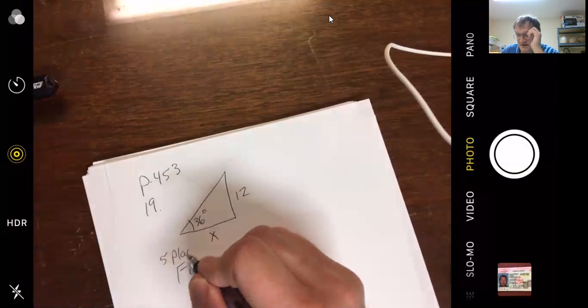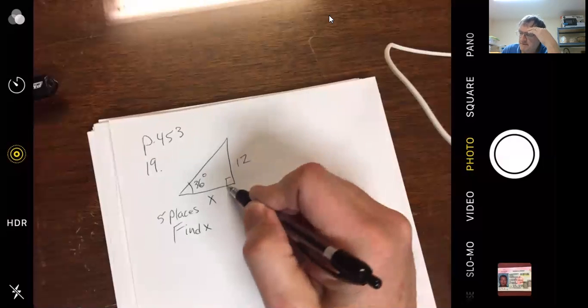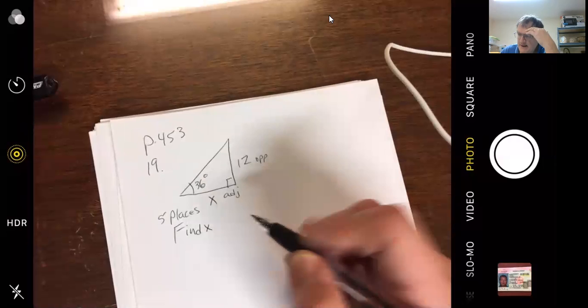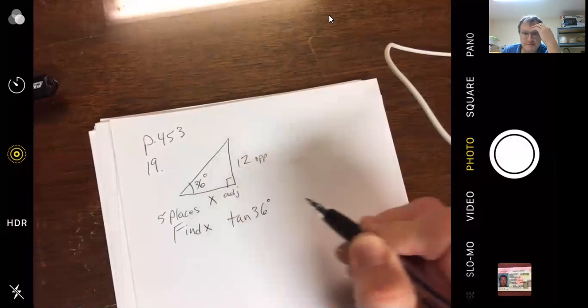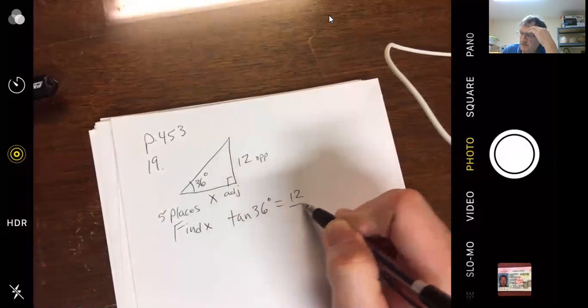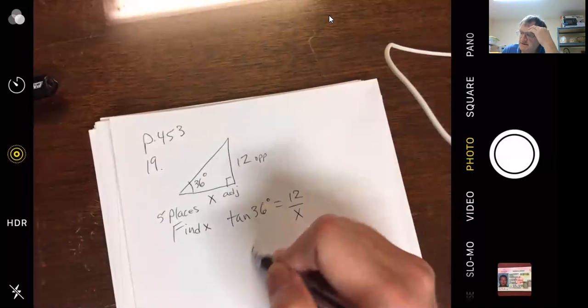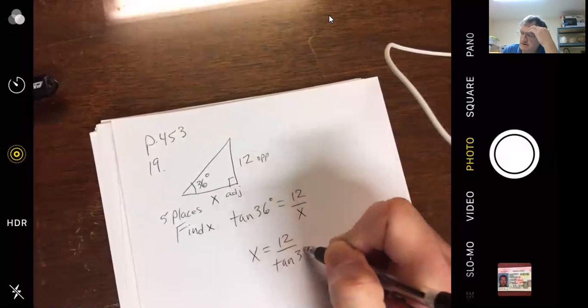Gotta get a little anal. Well, notice you have opposite over adjacent. That would give you a tangent. 12 over x. In effect, you can exchange these places. X would equal 12 over tangent 36 degrees.